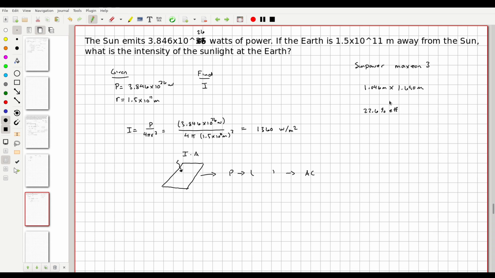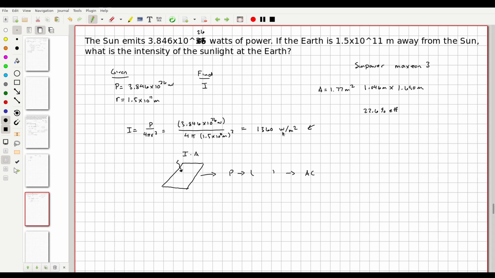So here, if I look at the area, 1.046 times 1.690, it's about 1.76 or 1.77 square meters. So my area here is about 1.77 square meters.